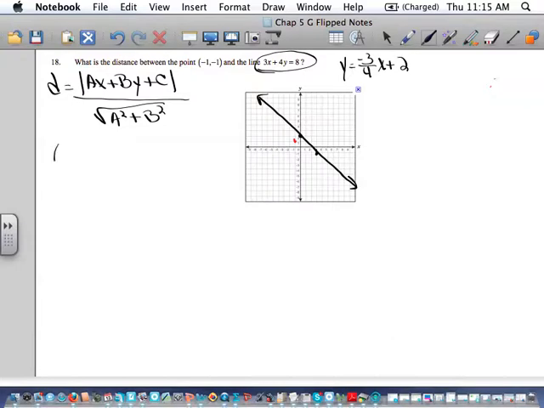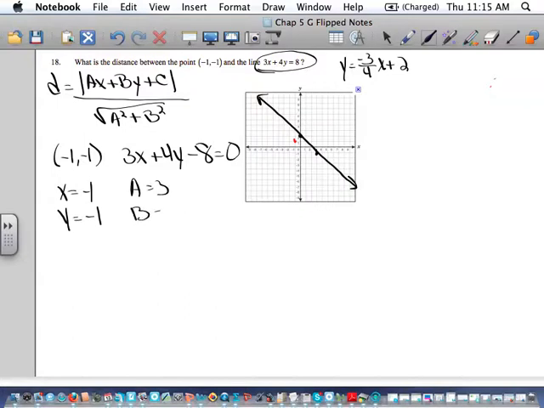That means I have a point at -1, -1, and my equation would be 3x plus 4y minus 8 equals 0. So my x is going to be -1. My y is going to be -1. My a is 3. My b is 4. My c is -8. So I've identified all of the values of those variables.